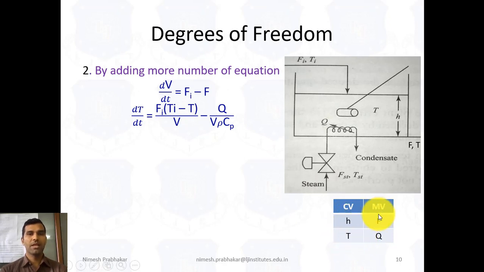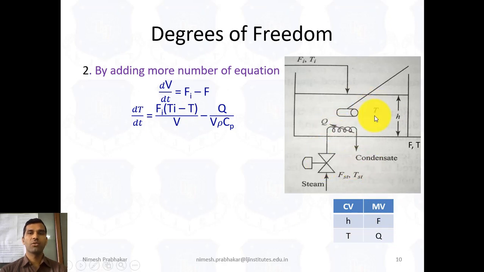In this case, the manipulated variables we consider are F and Q. That means we control the height inside this tank by using the outlet flow F, and we control the temperature inside this tank by using Q, that means the energy given by the steam.